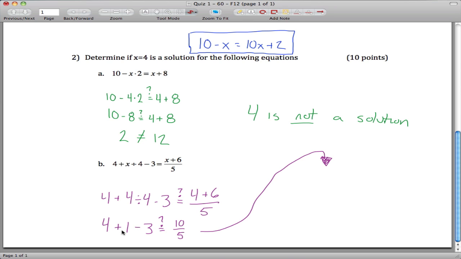So we start by doing 4 plus 1 and get 5. Then from that, we subtract 3. On the right-hand side, 10 divided by 5 is just 2. So the question becomes, is 5 minus 3 equal to 2? And yes, it is. 5 minus 3 is 2. So it looks like this does work. So here we would say 4 is a solution.